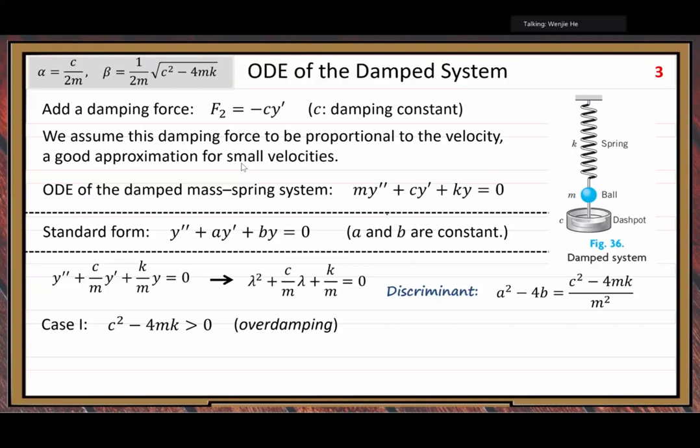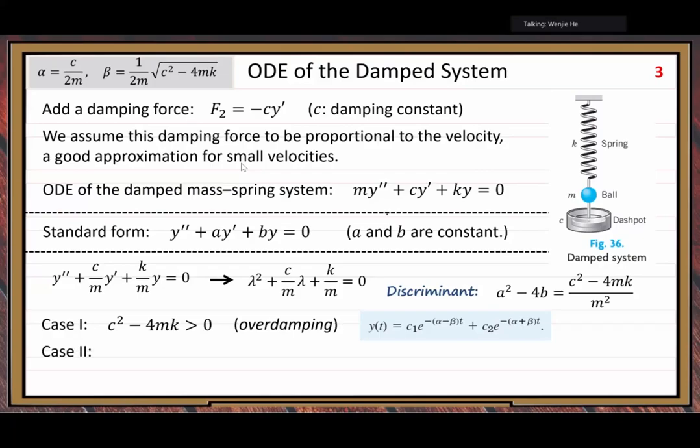Then we can use alpha and beta to represent our general solution. For case one, the general solution is C1 times e to the negative alpha minus beta t, plus C2 times e to the negative alpha plus beta t. A relatively compact form for the solution.